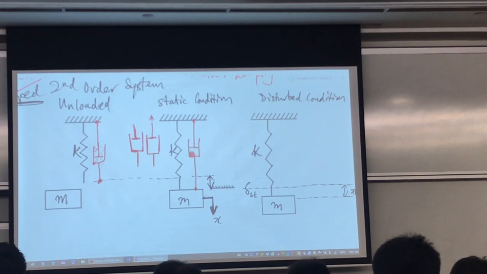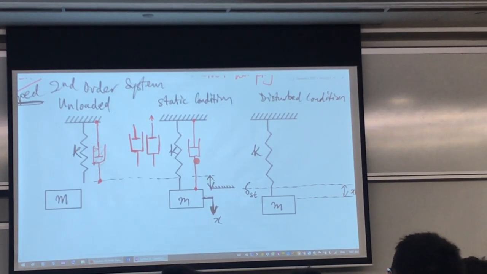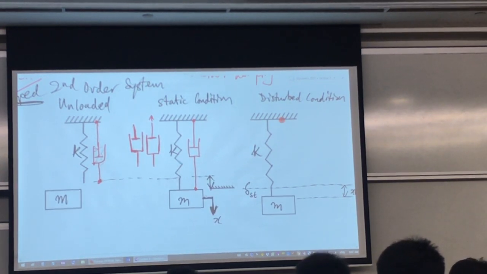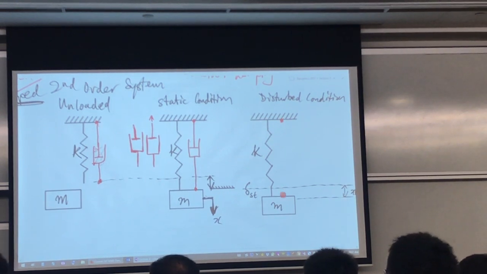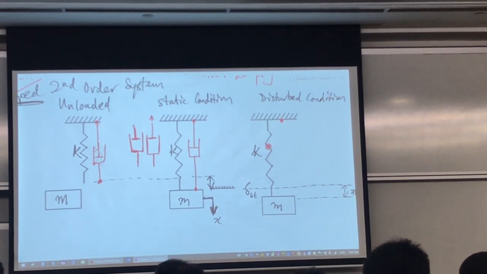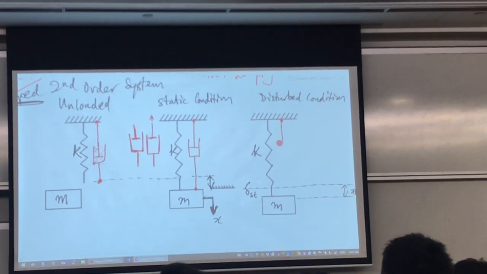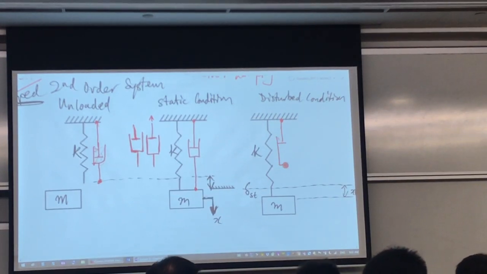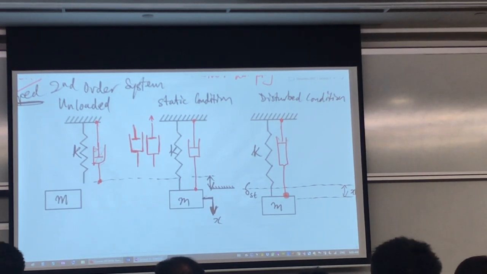So what I've sketched over here is for the static condition. If you look at the disturbed condition, then you're going to pull down that damper together with a spring. So probably it's going to look something like that. What I've sketched is that this kind of space that's in there will be increasing.